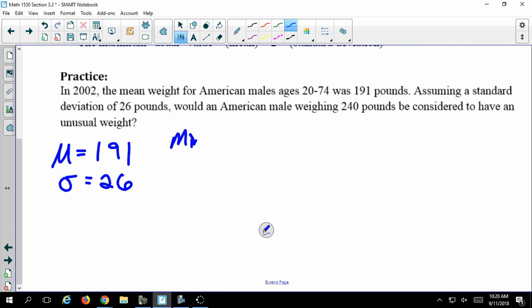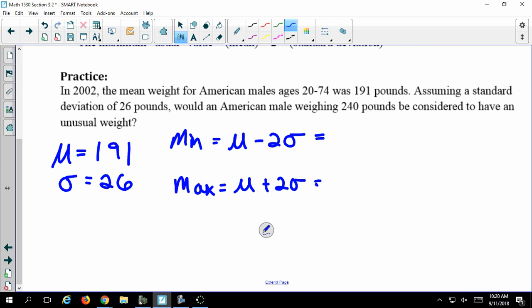So the minimum usual value would be the mean minus 2 standard deviations, and the max usual value would be the mean plus 2 standard deviations. That's going to be above or below the mean by 2 standard deviations. So mu is 191, and sigma is 26.